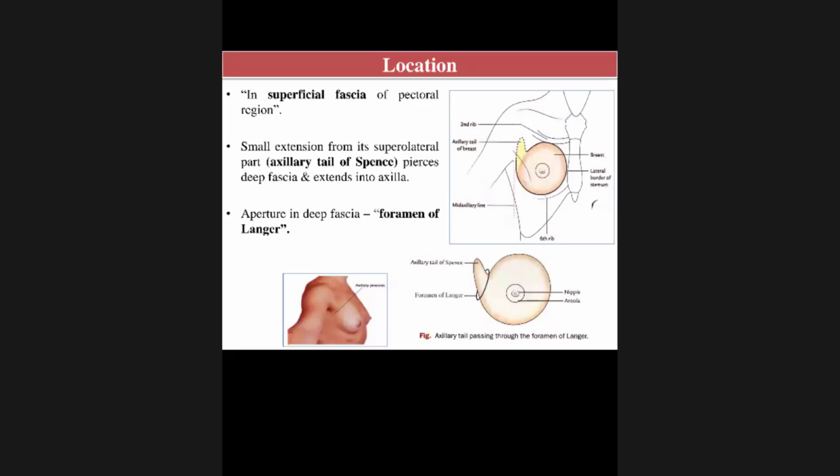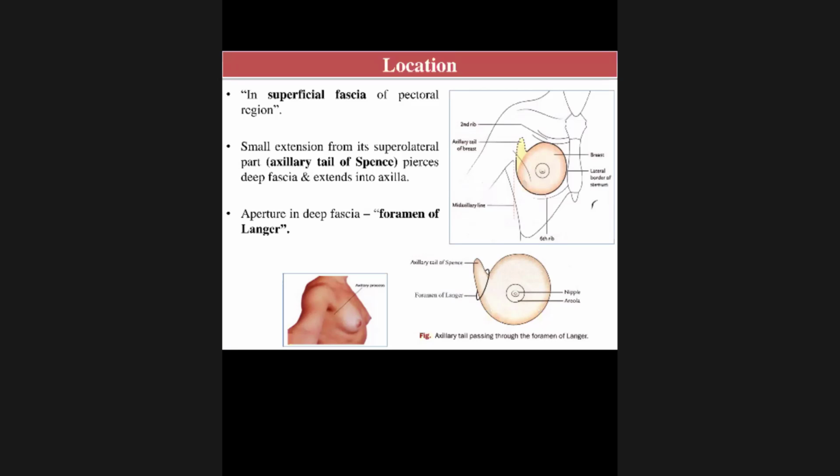And in this picture also we can see there is a small extension from its superolateral part. That extension from the superolateral part of the mammary gland pierces the deep fascia. The deep fascia here is the pectoral fascia. And it also extends into the axilla.